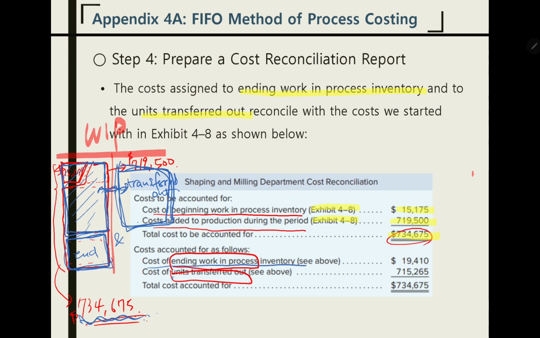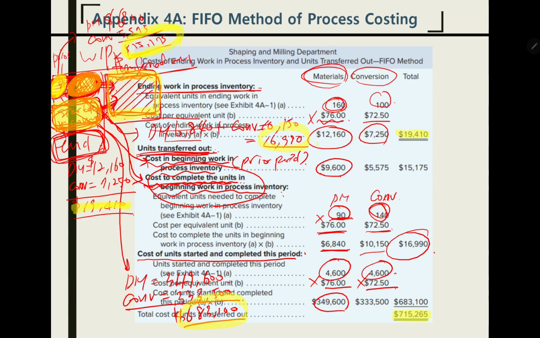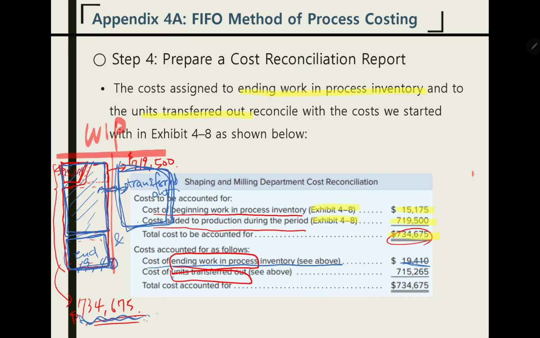So cost of ending work in process inventory, 19,410. Here 19,410.